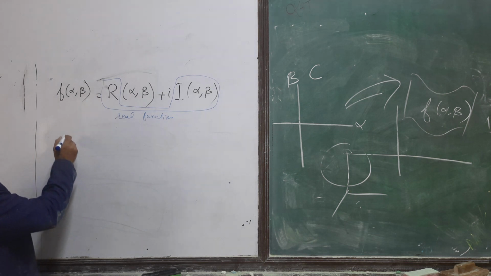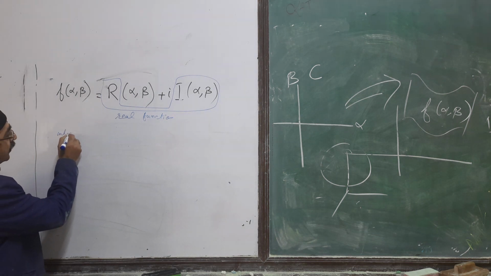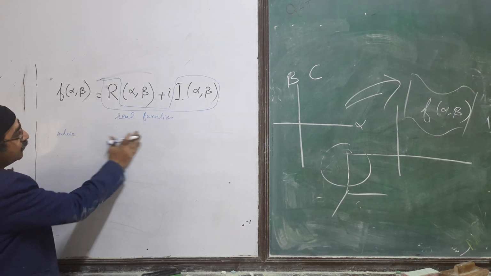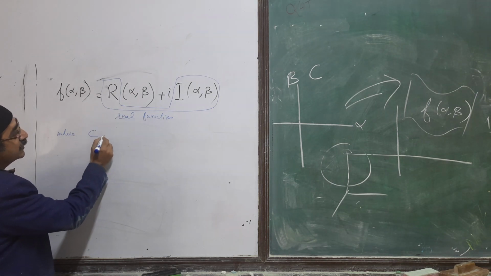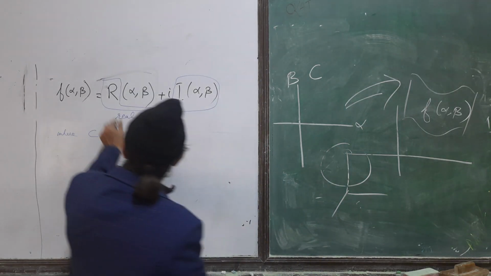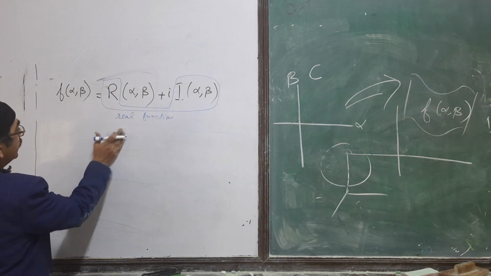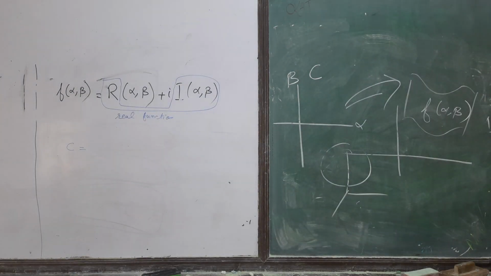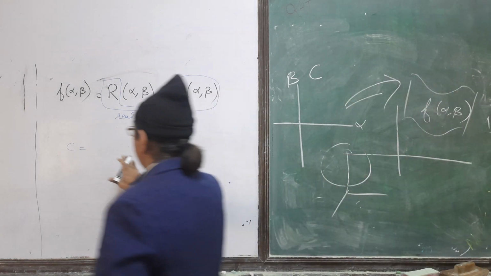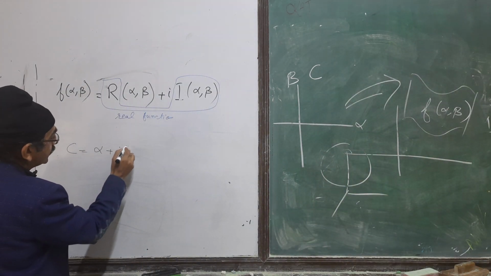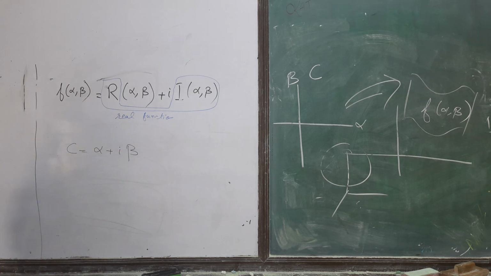Where C is a map on, and as I have already explained, this C is alpha plus iota beta.